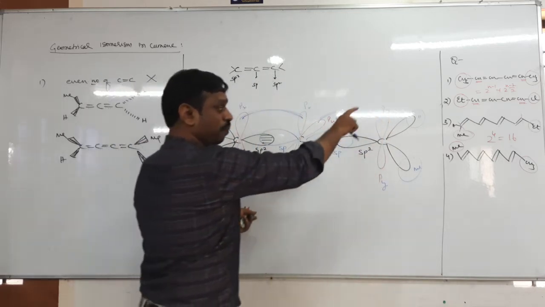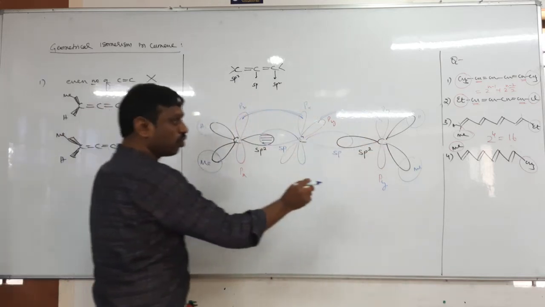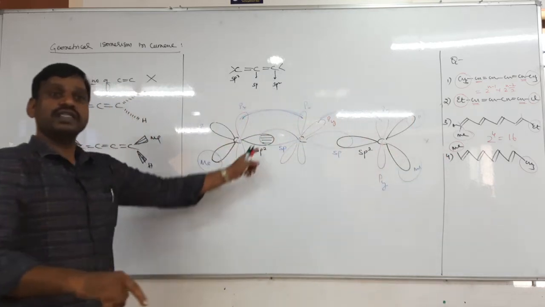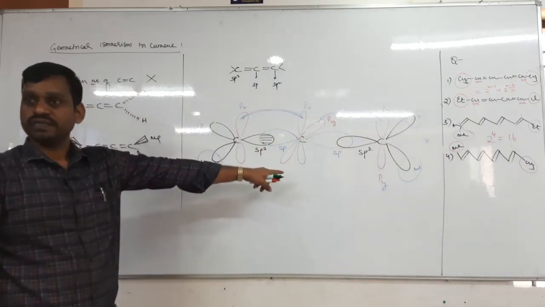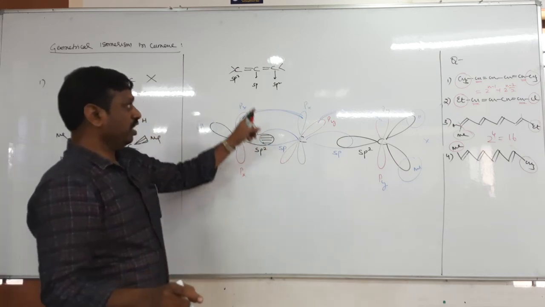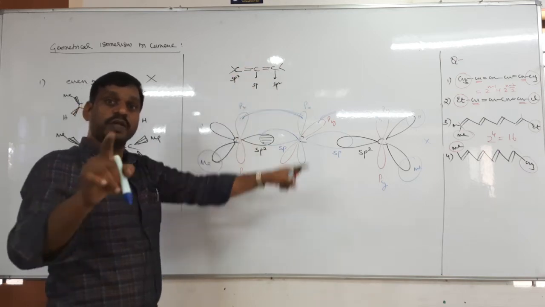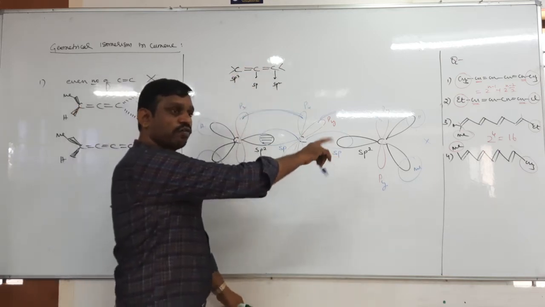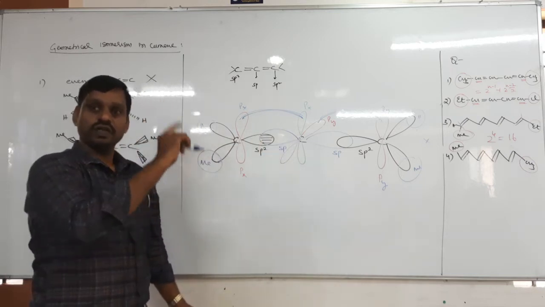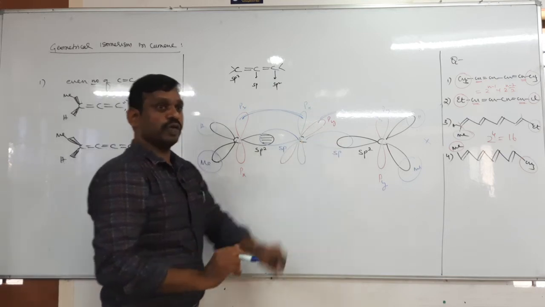That's why the groups present on the terminal carbon atoms are in different planes. Therefore they do not exhibit geometrical isomerism. In fact, they exhibit optical isomerism. We will study it in optical isomerism. For optical isomerism, they should not be in the same plane. That was the condition that we will study separately. Therefore, they exhibit optical but not geometrical.